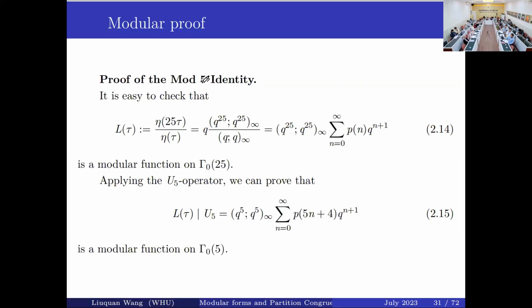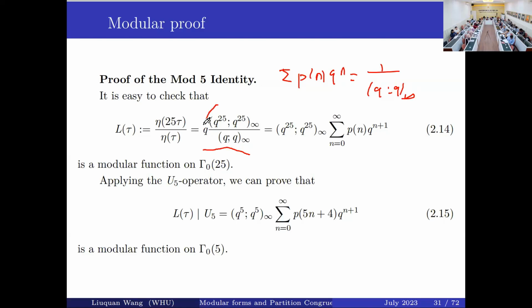Now let's prove the modulo 5 identity. It is easy to check by some knowledge from modular forms. We can check that eta(25 tau) divided by eta(tau), in other words, this kind of infinite product. Or, if you remember, the generating function of p(n) is simply 1 over (q;q) infinity.